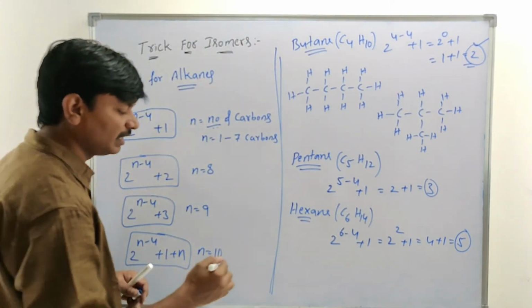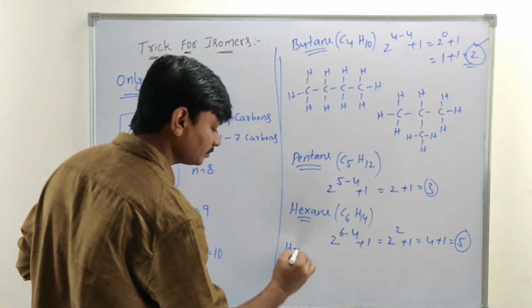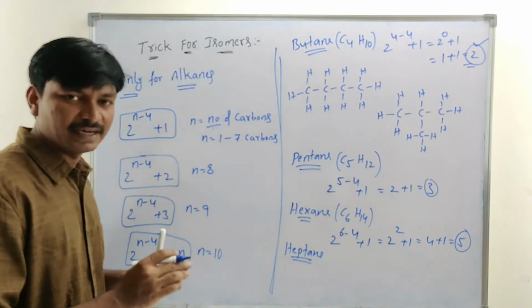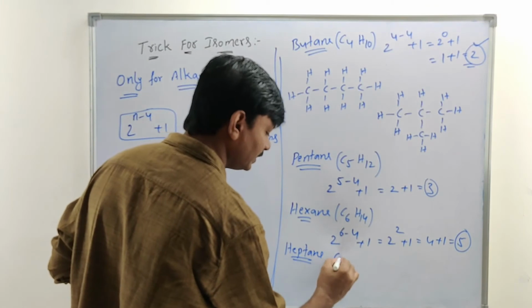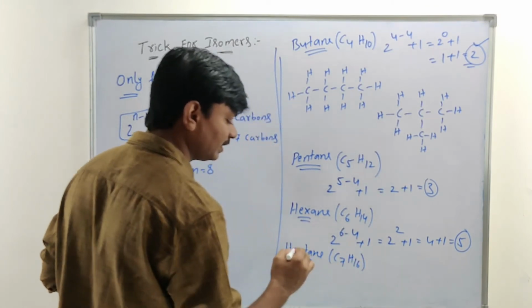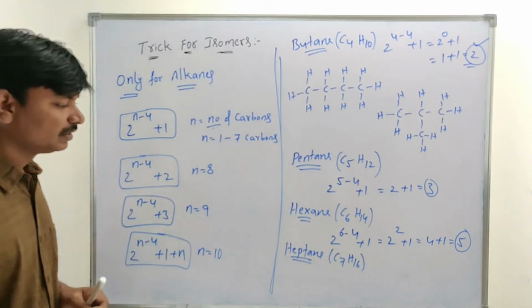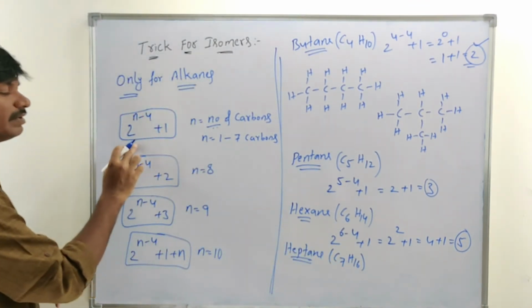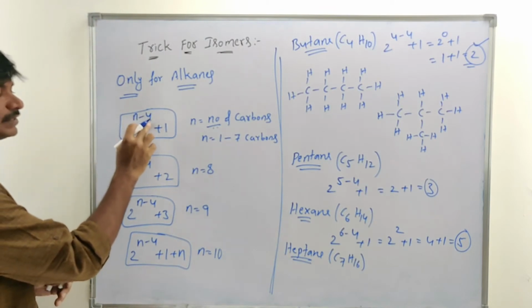Okay. Similarly, heptane. Heptane contains a total of 7 carbon atoms, so C7H16 is the general formula of heptane. Here n equals 7. The isomer formula is 2 power of n minus 4 plus 1.